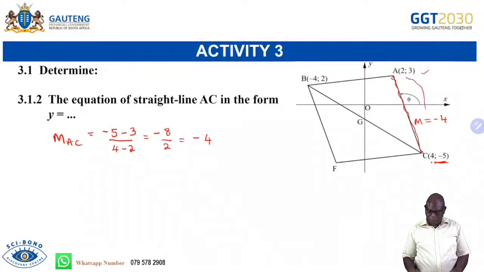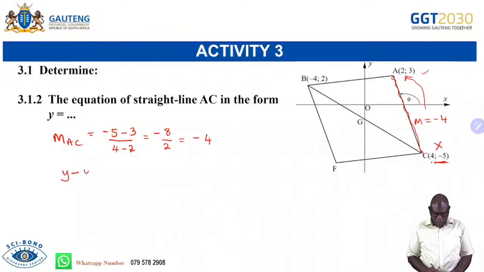I now need a point, so I can use that point. If you are brave enough, you can use the one with a negative. But I prefer that we use the one with both positives because it's easier to do. So y minus y1 equals m, x minus x1. Remember, we need the equation of the straight line AC.